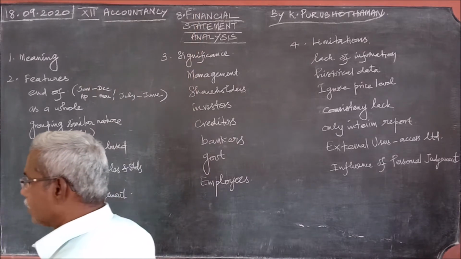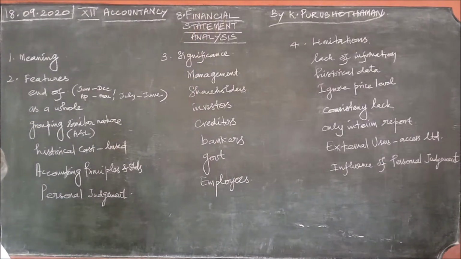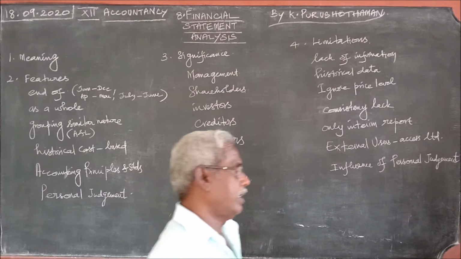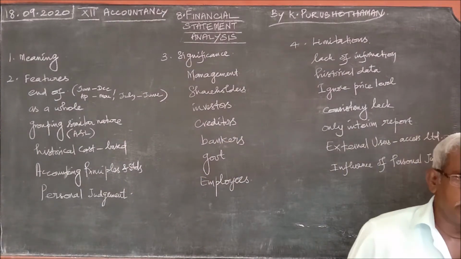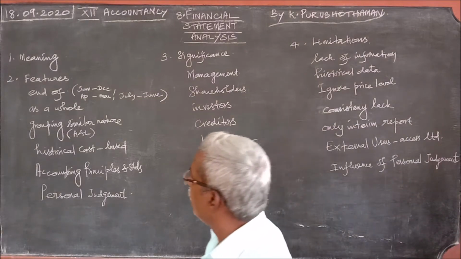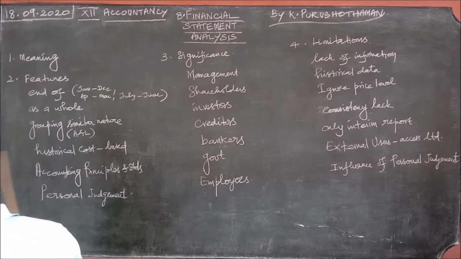And while the statement is prepared, what are the things they should bear in mind? They should strictly follow the accounting principles and standards. We have seen already what the accounting principle and standard is. There is a principle that when goods are purchased, we use the term purchases account.